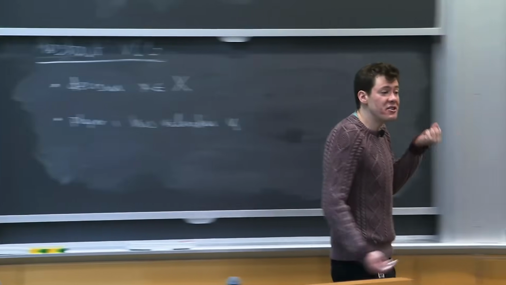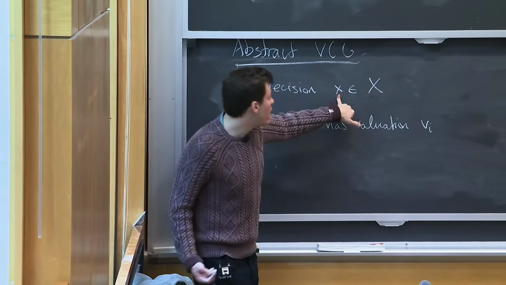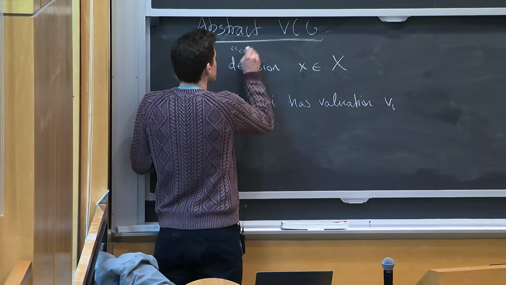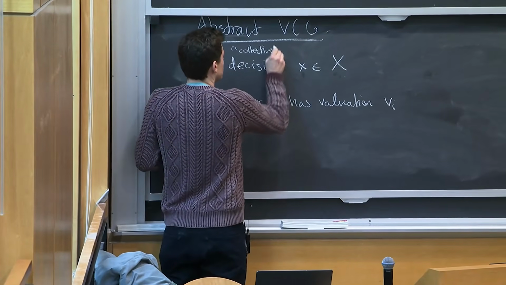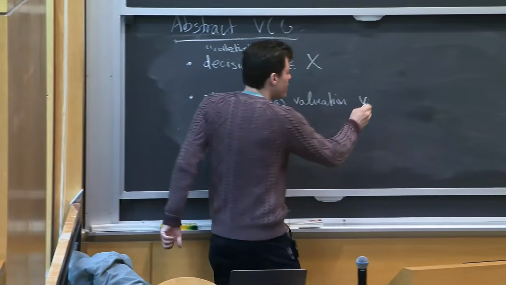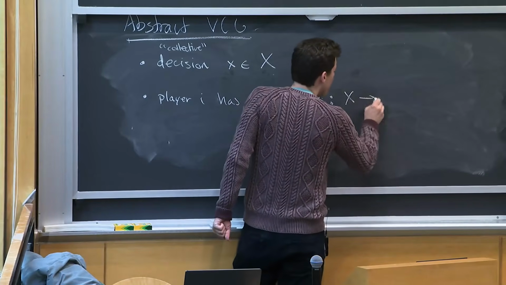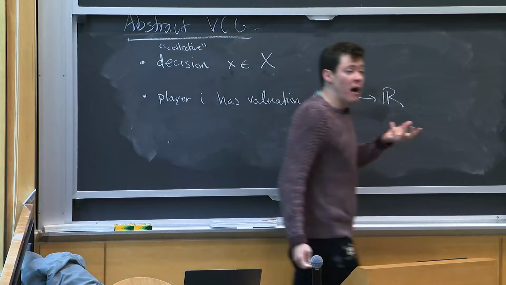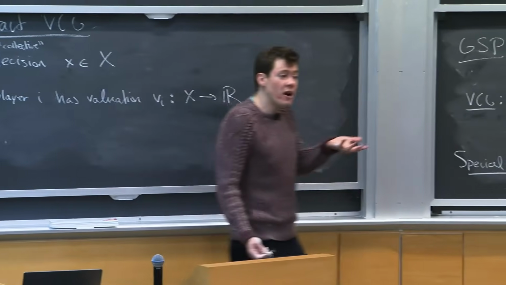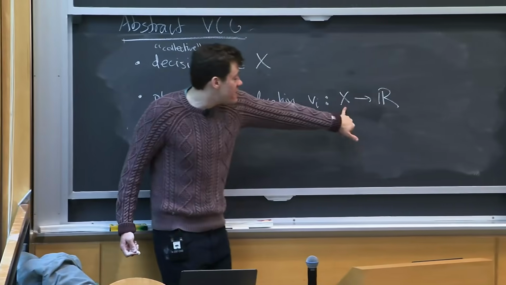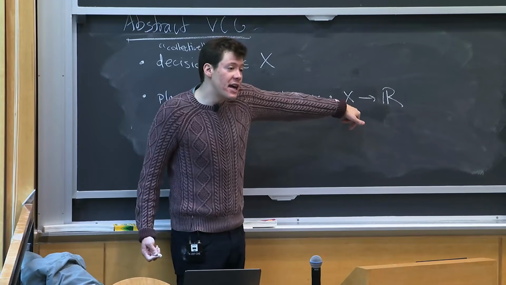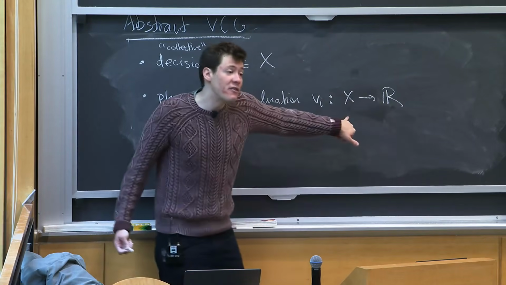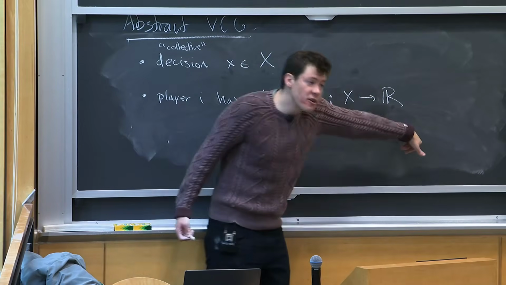But now my valuation needs to specify how much I value every possible social or collective decision. So now my valuation is a function vi from X to R. I'm just going to call it vi, but remember, it's a much richer object now. It's not just one number that says how much I value an item. It's an entire mapping that says, if this is the allocation of bidders to auction slots, that's how much utility I get. If we have a different allocation of bidders to auction slots, here's how much utility I get, and so on.